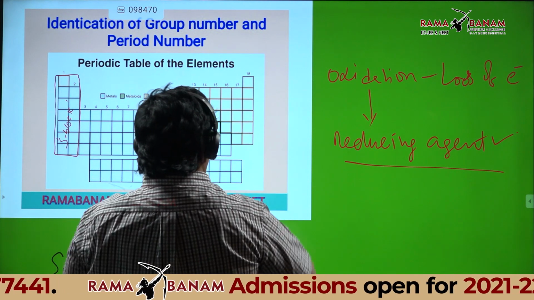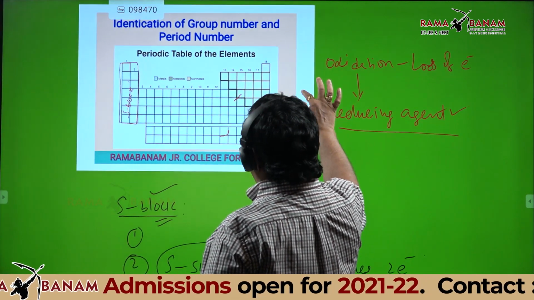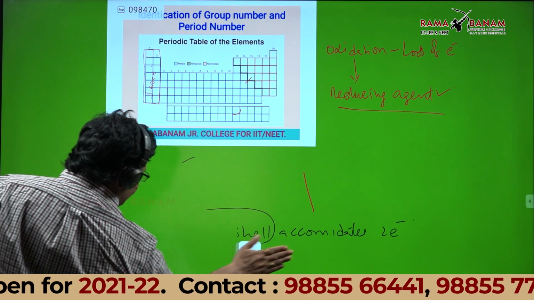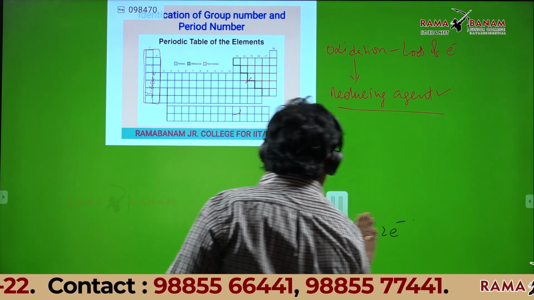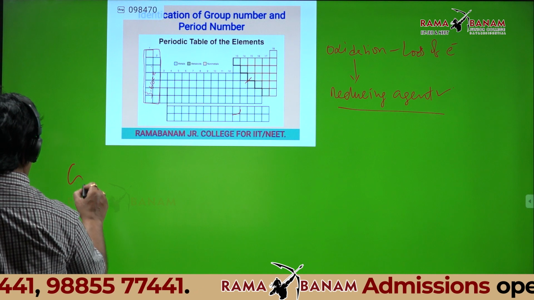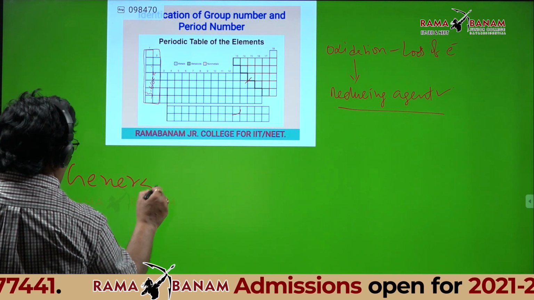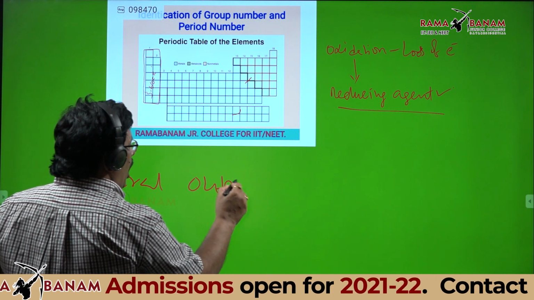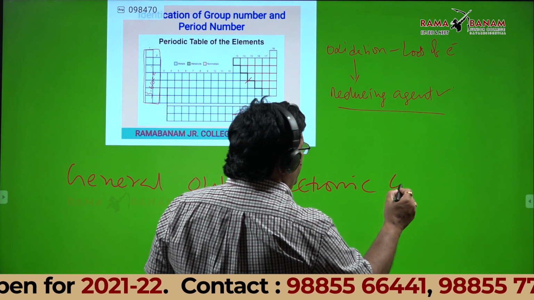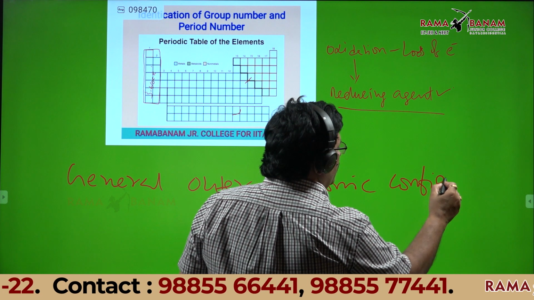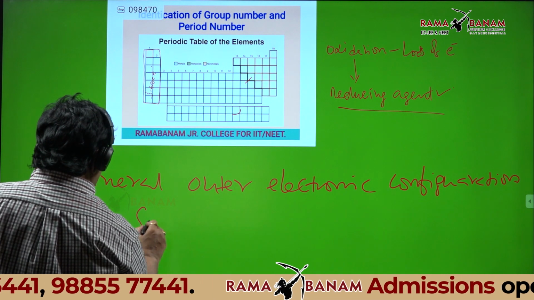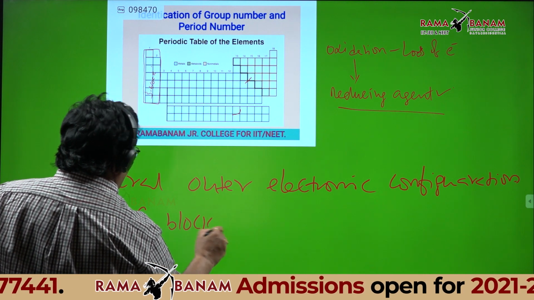Now last point, can anyone tell what is the general configuration of S block elements? ns1, ns2. I am asking the general outer electronic configuration of both.